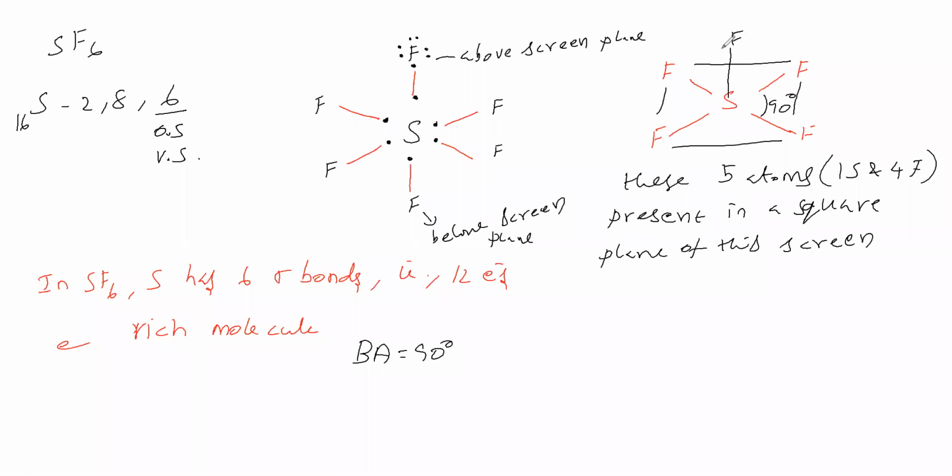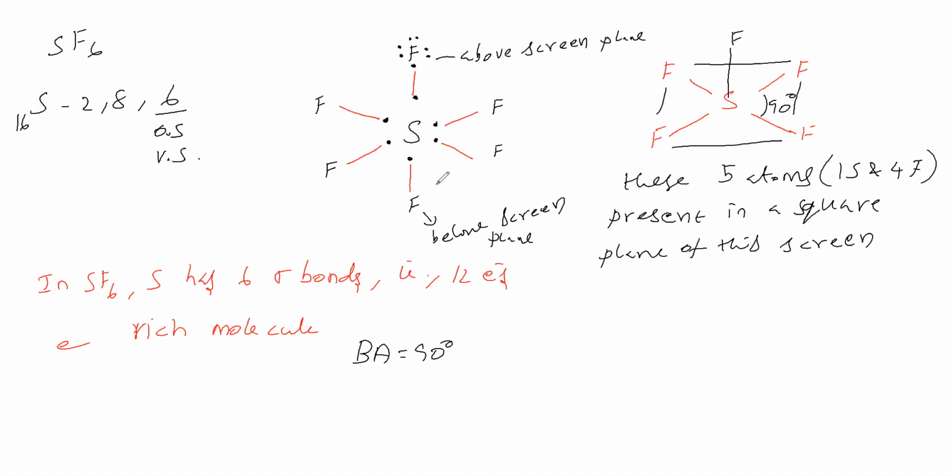Now you join this above fluorine with any two fluorines of these four. What shape will you get? An equilateral triangle, like this. How many equilateral triangles will you get? Four equivalent equilateral triangles.